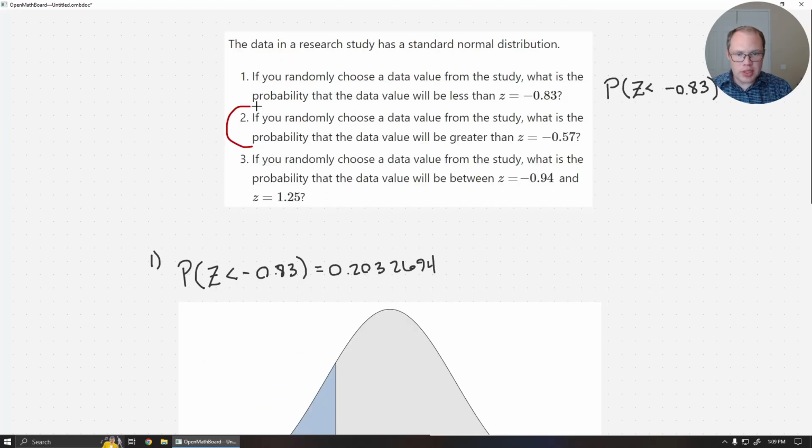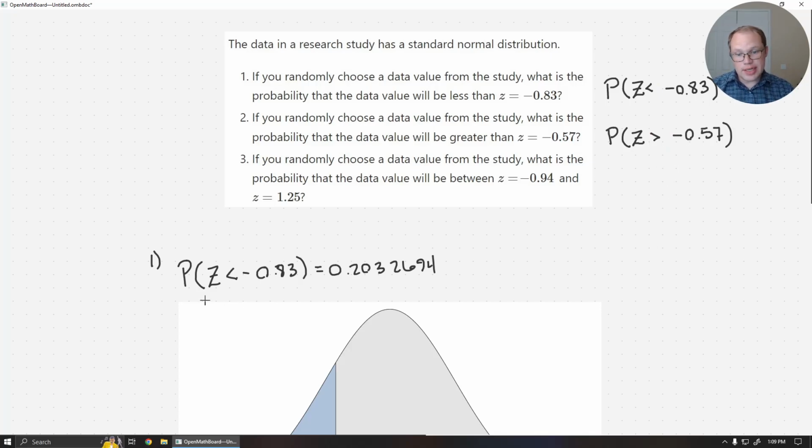For number two, now we want to calculate the probability that the data value will be greater than negative 0.57. This one's different, right? In the last one, we wanted the probability that z was less than a value. Now we want the probability that z would be greater than a value.